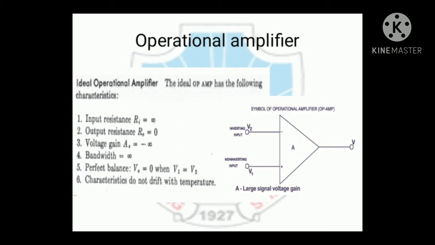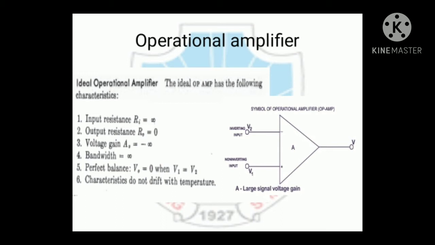and also it is perfectly balanced. That is, when V1 is equal to V2, then its output is 0. This characteristic is required to cancel any noise. So this is also a very useful characteristic, and also its characteristics do not drift with temperature.